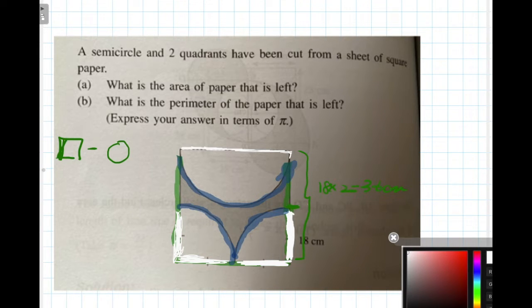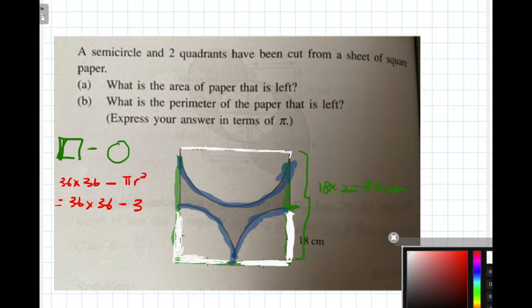Okay, so if it's 36, the area of the square will be 36 times 36, minus away the area of a circle. The area of a circle will be pi r squared. So it will be 36 times 36 minus pi.